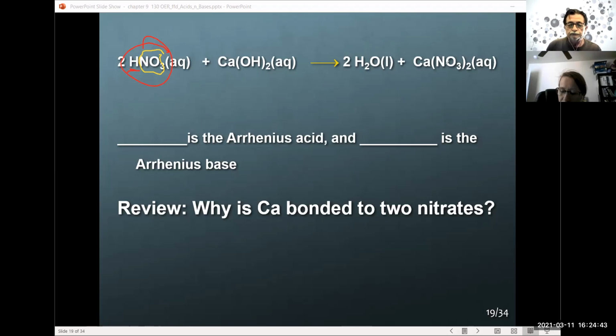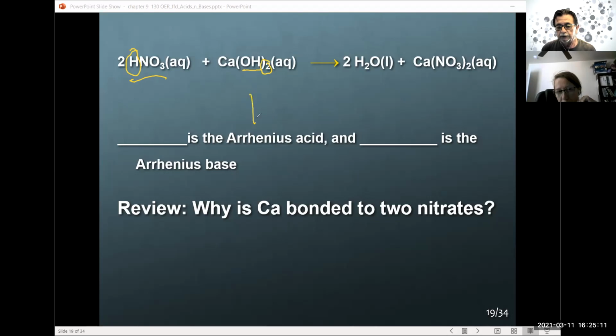Okay. So we see that we have a proton here. We recognize we got nitric acid. Then we come to the other species, calcium, in parentheses, hydroxide. So we got a hydroxide, which again should tell you I got a base here. Specifically, you're looking at terms right here. This is calcium hydroxide. Now, two things.